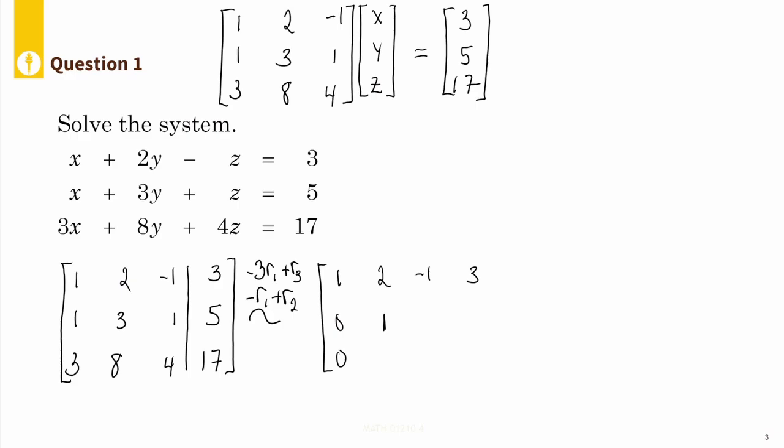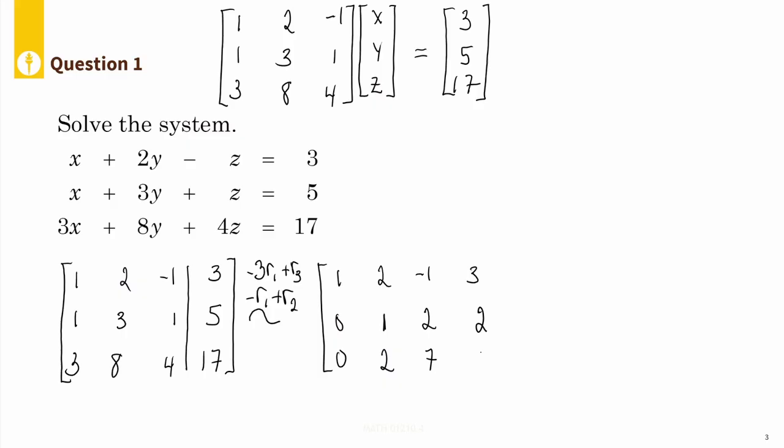Negative 2 plus 3 is 1. 1 plus 1 is 2. Negative 3 plus 5 is 2. Negative 6 plus 8 is 2. 3 and 4 is 7. Negative 9 and 17, 8.